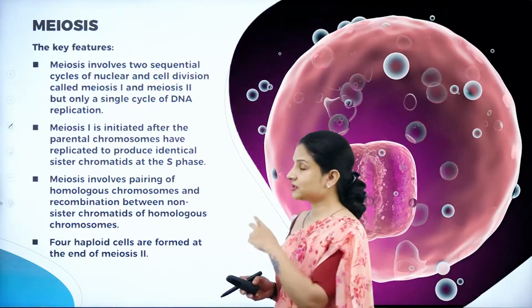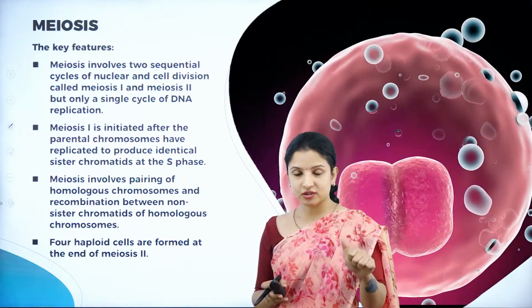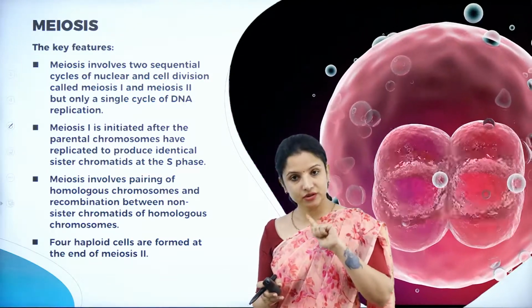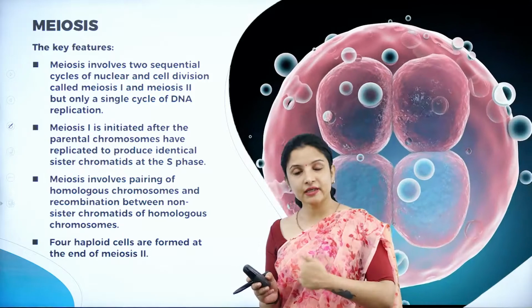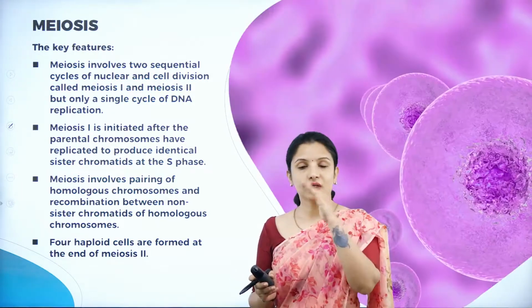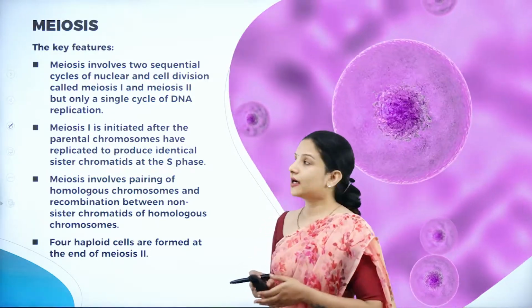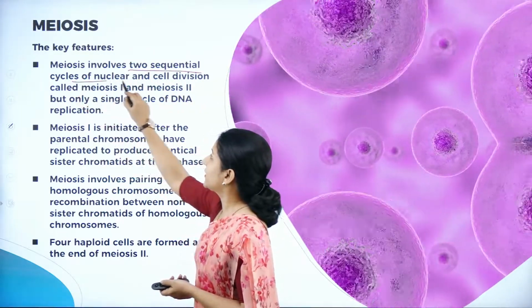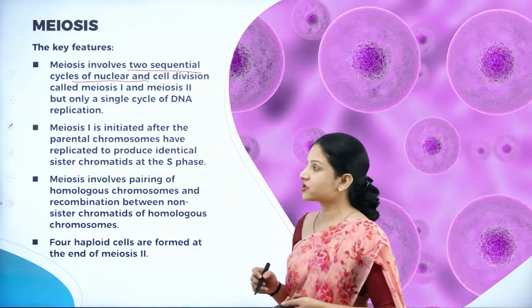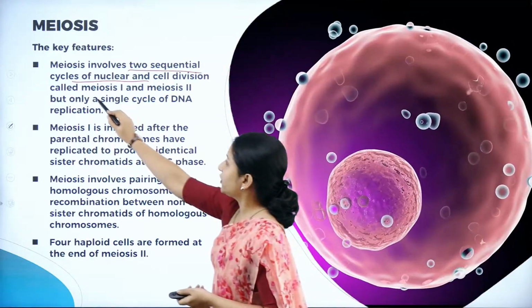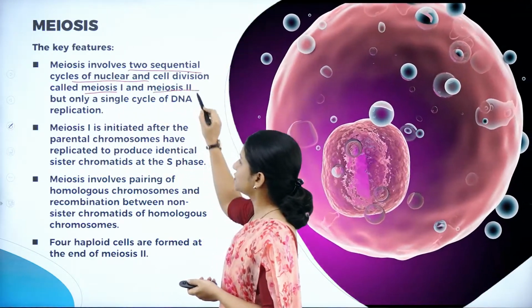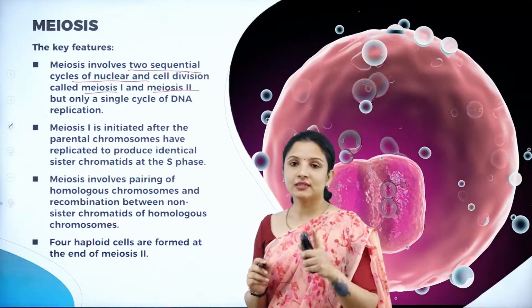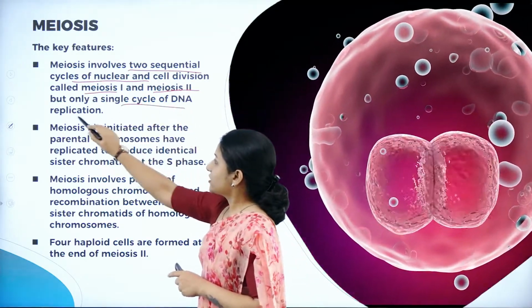But in this case, meiosis 1 should occur, then meiosis 2 should occur. After that, again, it will enter into meiosis 1, meiosis 2, and the cycle continues like that. Therefore, it involves two sequential cycles of nuclear and cell division, which are called meiosis 1 and meiosis 2, but only a single cycle of DNA replication will take place.